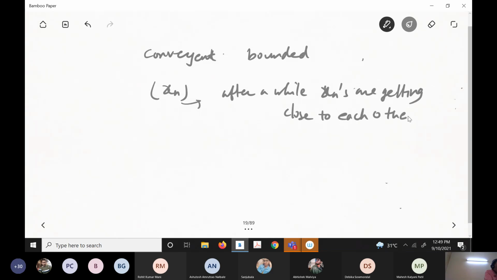Look, in a convergent sequence, I know after a while the members are getting close to x. But here I do not have that information on the point. All I know is they are getting close to each other.